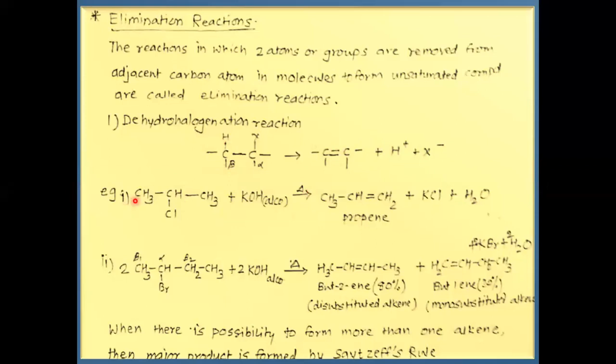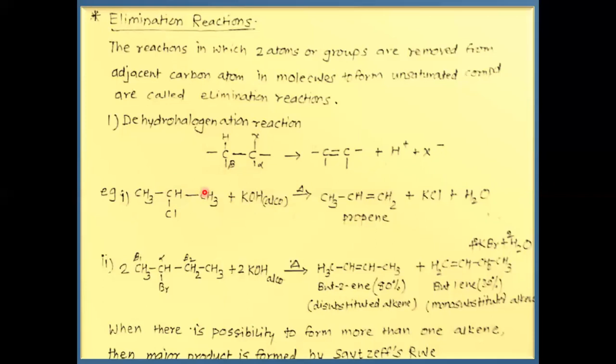For example, CH3CHClCH3. Here chlorine is attached to this alpha carbon, and this one is the beta carbon.